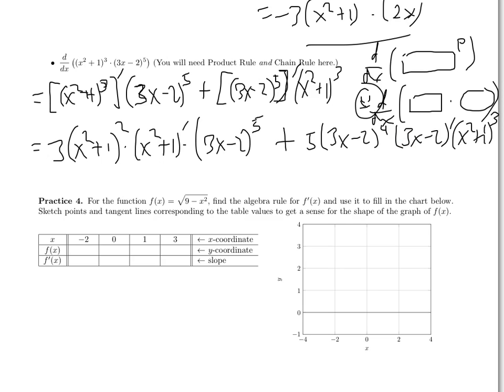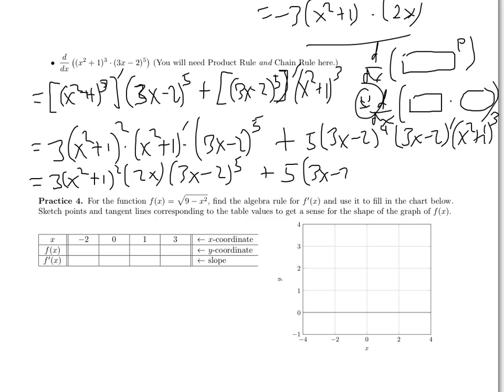So the unsimplified version of this would have 3 times x squared plus 1 squared times 2x times 3x minus 2 to the 5th plus 5 times 3x minus 2 to the 4th times 3 times x squared plus 1 cubed.